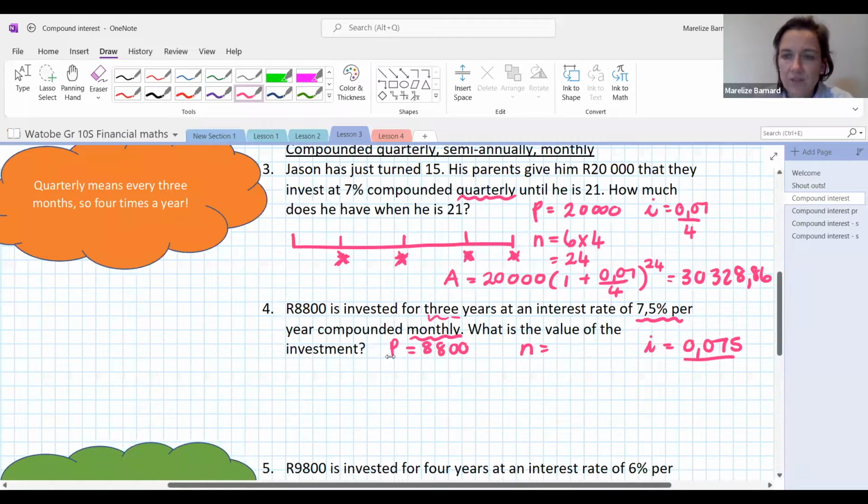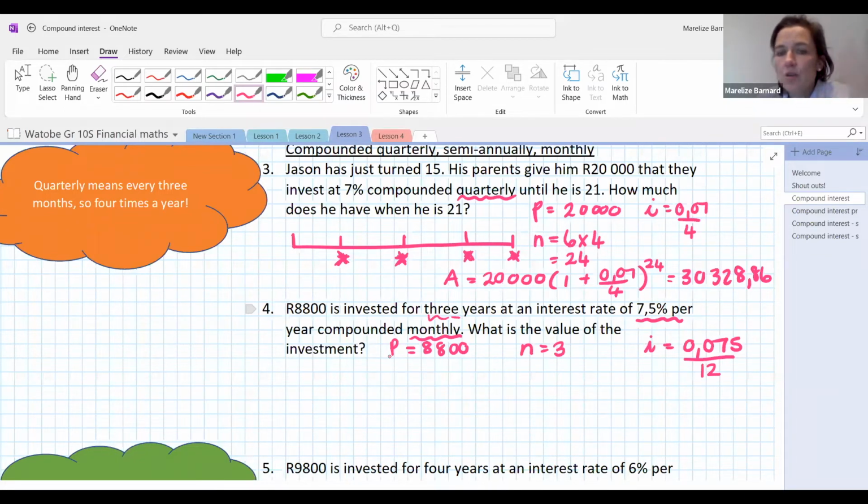So we have to divide it by 12. And because this now happens 12 times a year, and you're putting your money away for 3 years, you're going to get interest calculated 12 times in each year. So in 3 years, you'll get interest calculated and compounded 36 times.